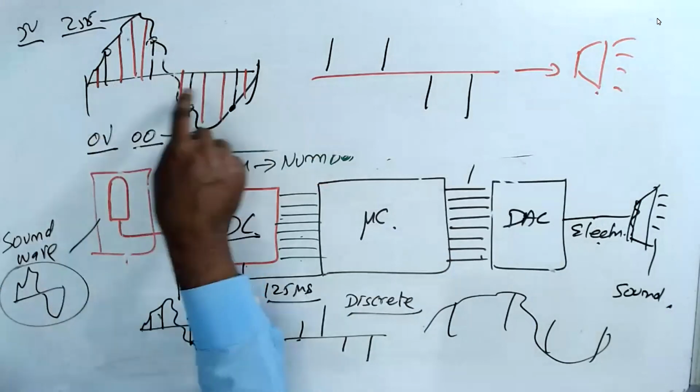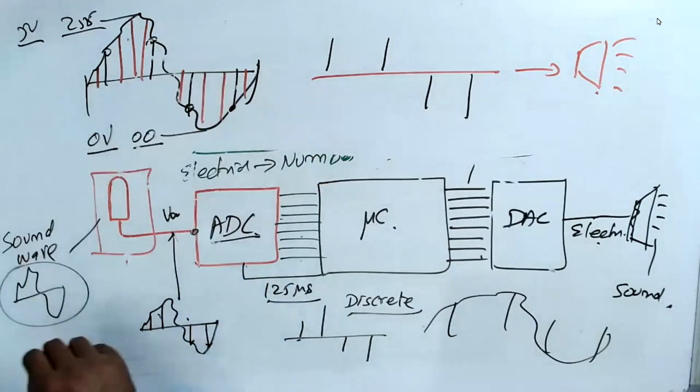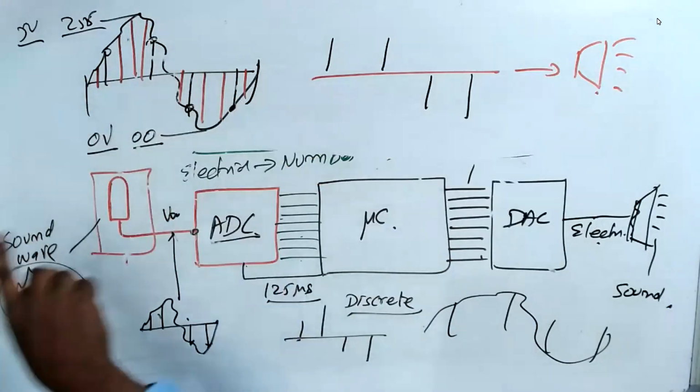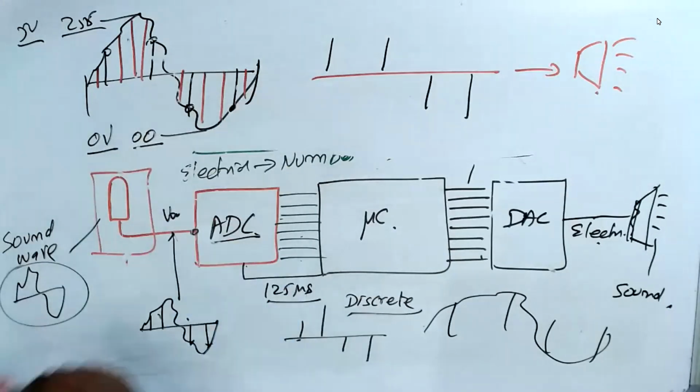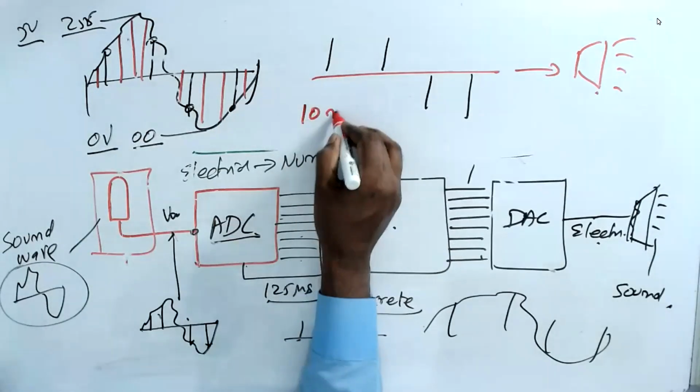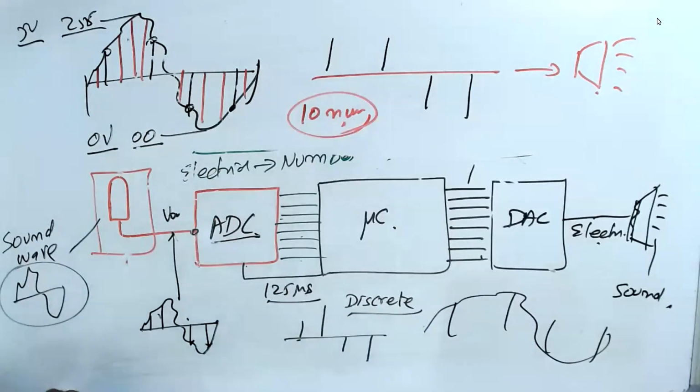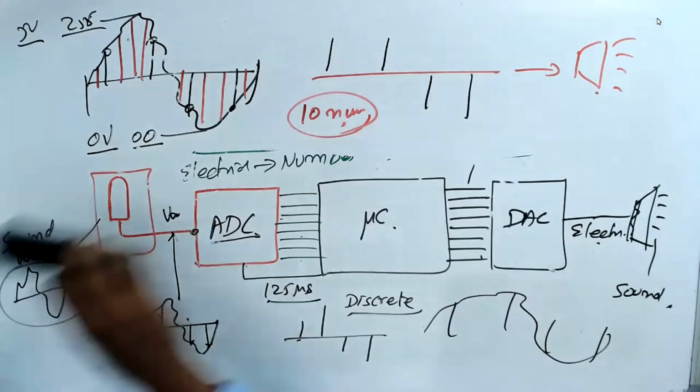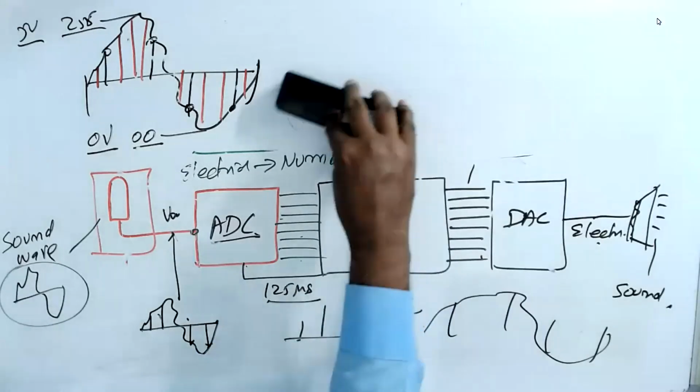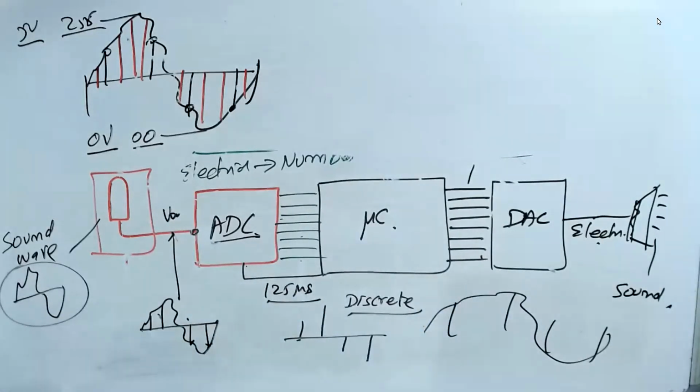Do I have to take 10 samples? But there's a problem. If I take 10 samples, that means 10 numbers, and I have to store so many numbers. I'll explain all those things to you now. You will thoroughly understand about audio, please. I'm not interested in going hurriedly and fast. I'm trying to explain to you.